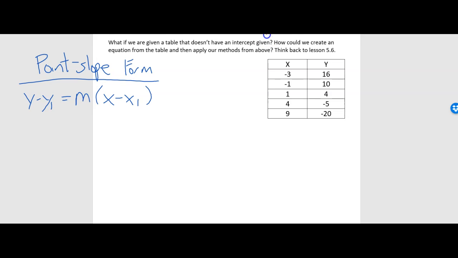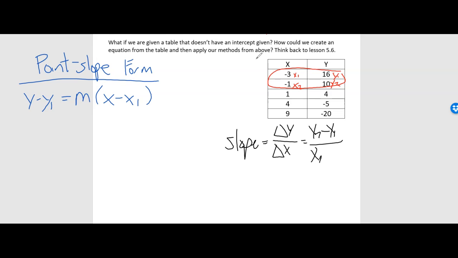So we can pick 2 points. I'm going to choose these two to find our slope. I've got my x1, my y1, and my x2 and my y2. My slope formula is equal to the change in y over the change in x, which is y2 minus y1 all over x2 minus x1.